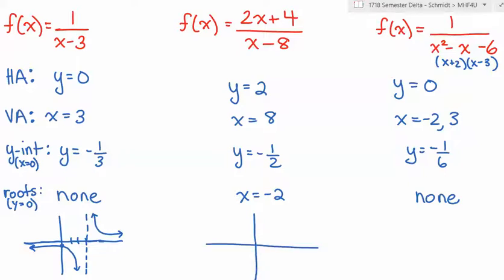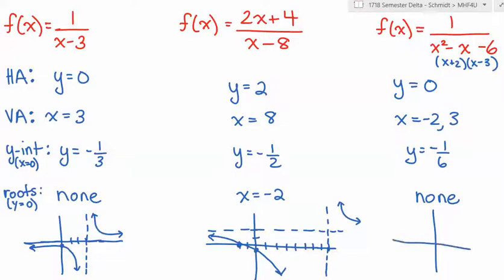This one is going to have a similar shape to that one. Vertical asymptote at 8, y-intercept of -0.5 and an x-intercept of -2. So this graph is going to look like this, and it's going to be up here somewhere.